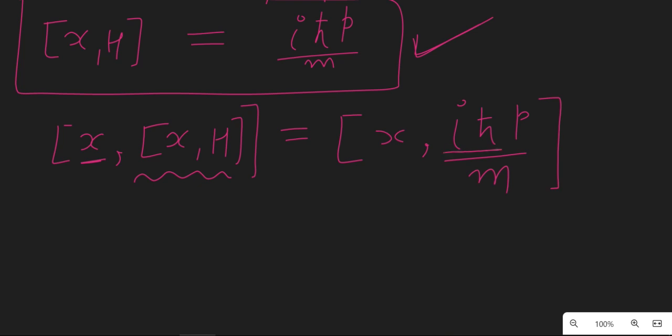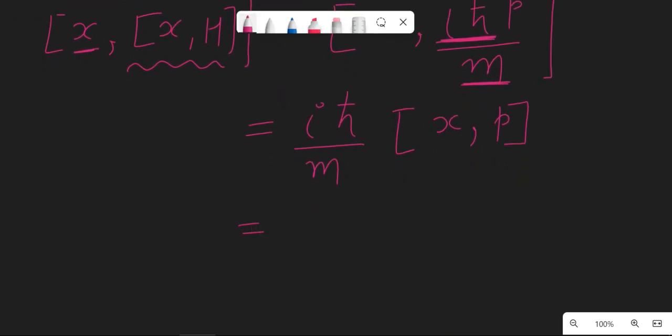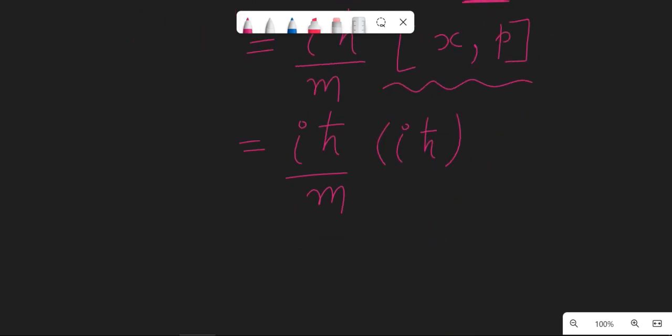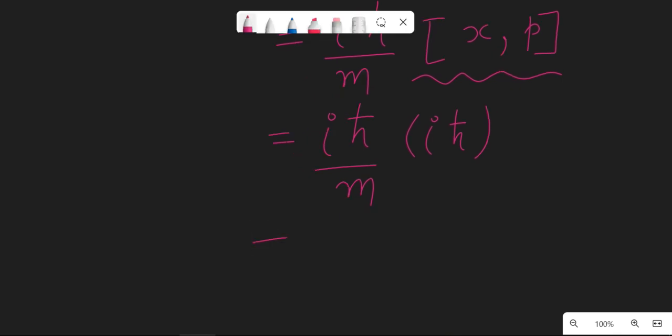Now i h cut upon m is a constant, so you can take it outside the commutation bracket, and you are left with i h cut over m and commutation x comma P. And what is x comma P? x comma P is i h cut, so i h cut over m times i h cut will be i square h cut square over m, and this i square is always minus 1, so it will be minus h cut square upon m.